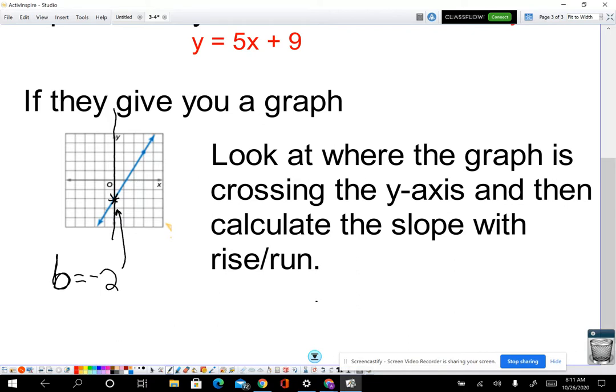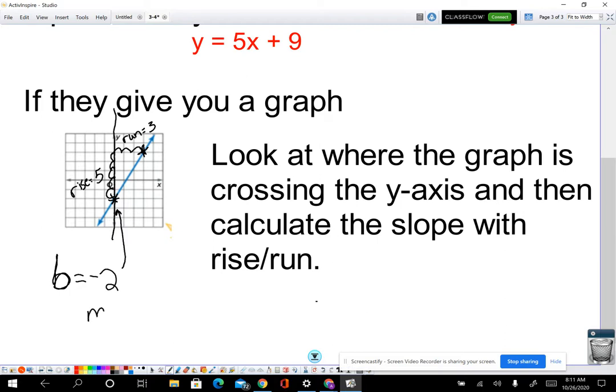From there, I'm going to find another point where the line crosses the hash marks. It's right there. And so I'm going to look at my rise: 1, 2, 3, 4, 5. Rise is equal to 5. And my run is equal to 1, 2, 3. So I have a rise of 5 and a run of 3.